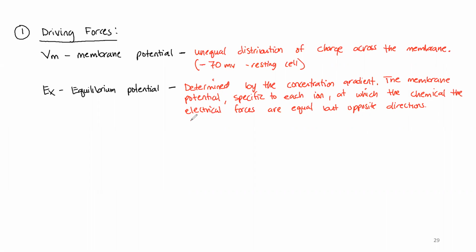All right, an example here would have been the equilibrium potential of potassium, which is negative 94, which means that when the cell has a membrane potential of negative 94, potassium is no longer moving, right? Potassium's chemical force is equal and opposite to its electrical force, okay?